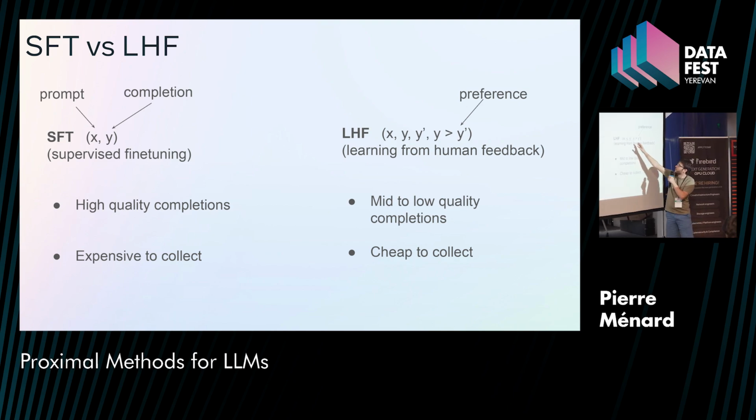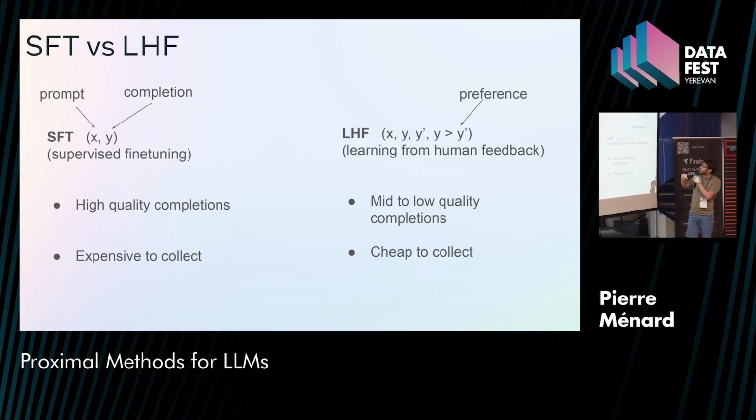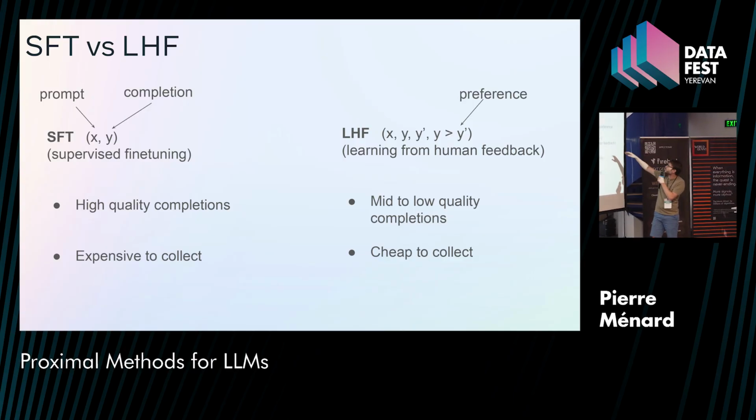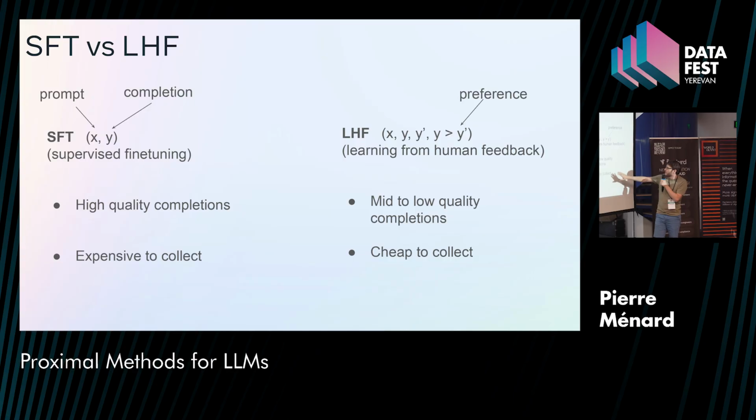Basically, you can just let a model generate them, and you only ask annotators to give the preference label. So it's quite clear that they are cheap to collect, and it's an interesting problem if we can leverage this kind of data.